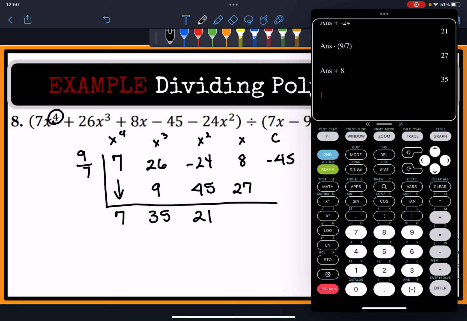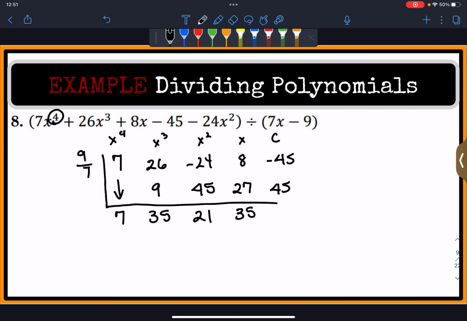Adding that with 8, that's equal to 35. And we know that 35 times 9 over 7 is going to equal positive 45. I know that because I already did it before. This times that gave me that 45. So if I do 35 times that, that's going to get the same number, 45. And 45 minus 45 is equal to 0. So we'll have a remainder of 0.